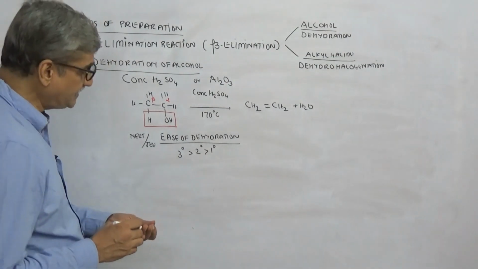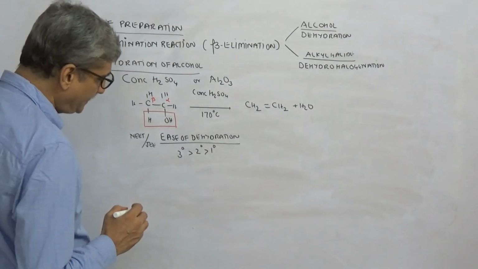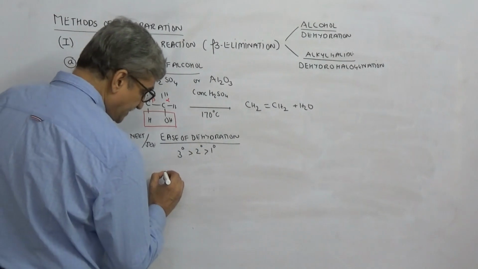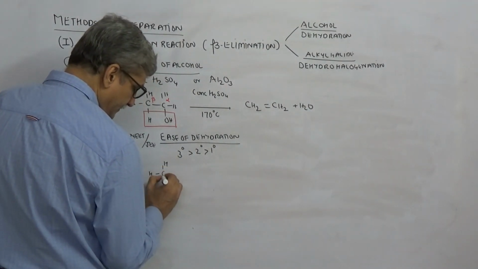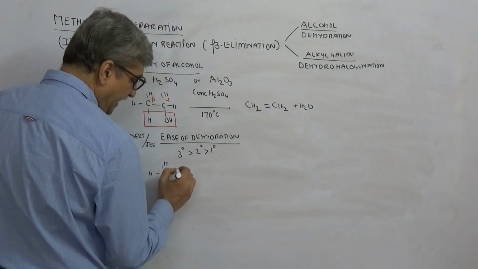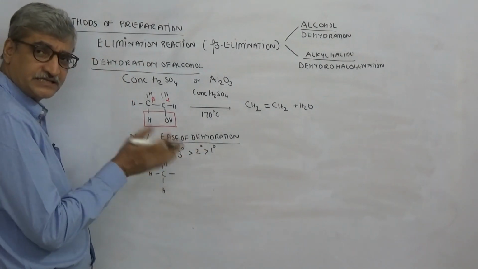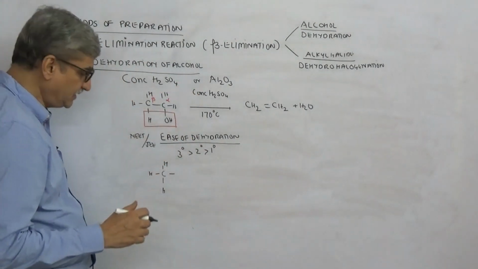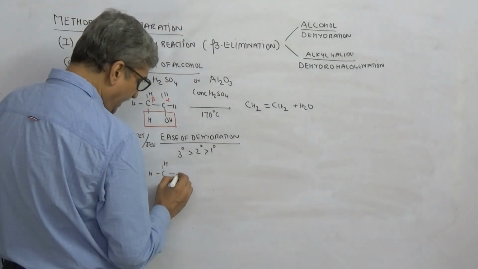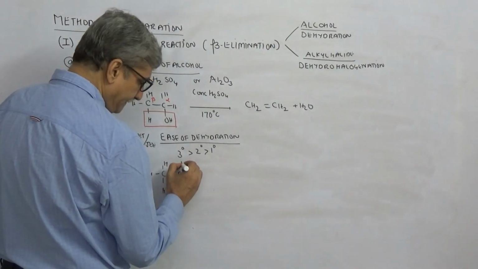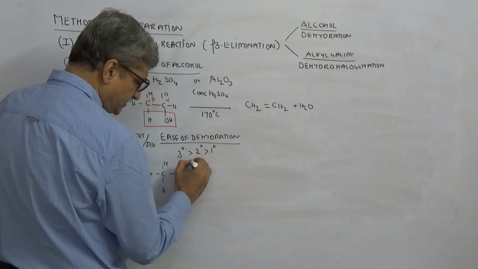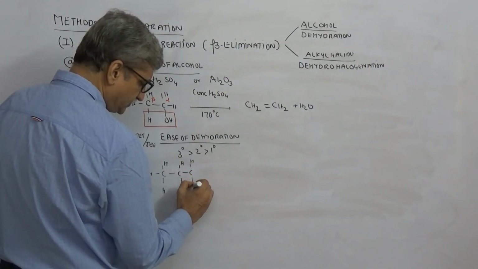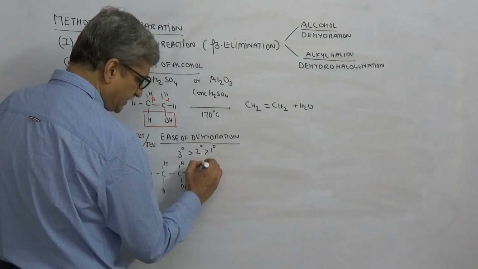Now listen carefully. Suppose I take sec-butyl alcohol. I'll write the reaction, explain the mechanism, and then we will write the rule. So we have CH3, CHOH, CH2, CH3.